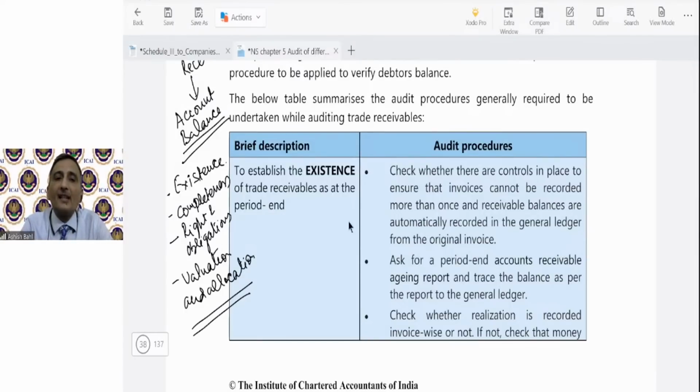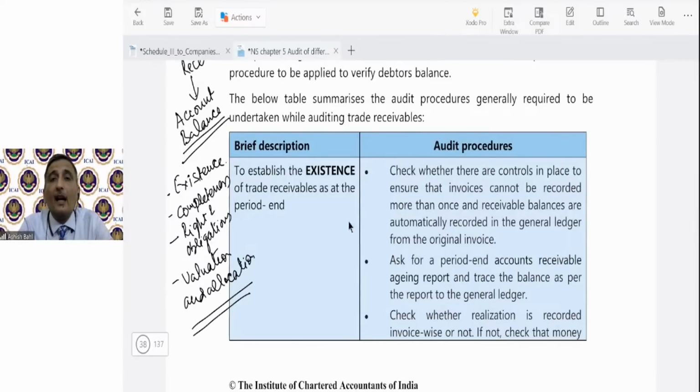So this is the existence assertion. So second assertion is completeness. So completeness relates to the fact that all transactions which are arising on account of these trade receivables have been recorded, that trade receivables are complete, that nothing has been left out. Okay.